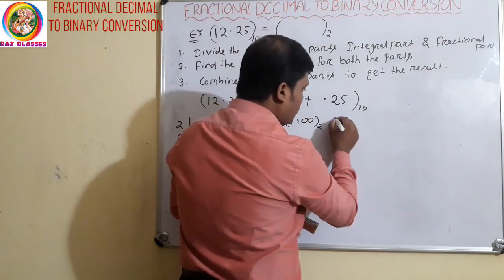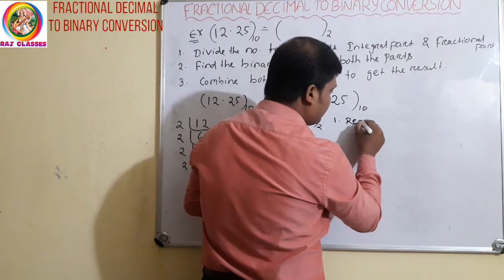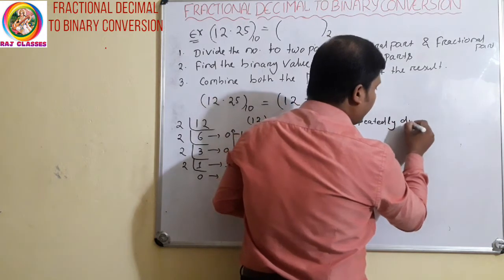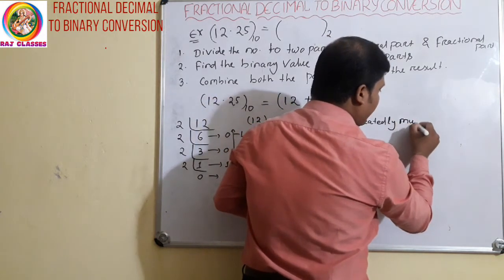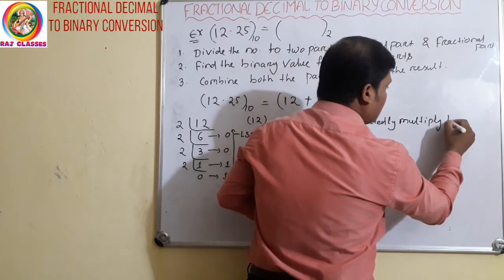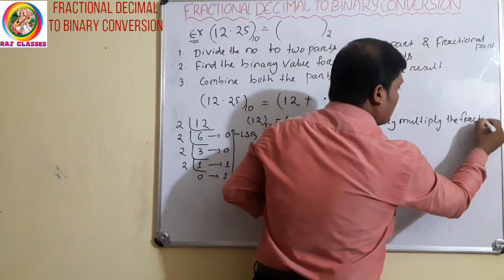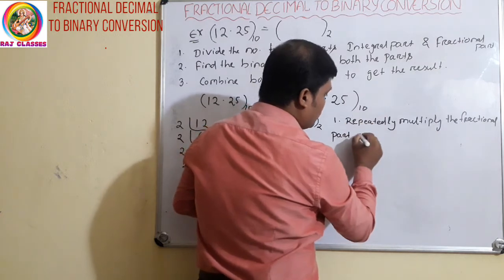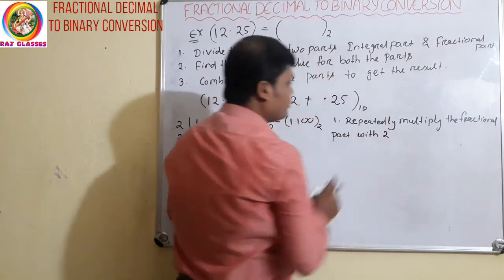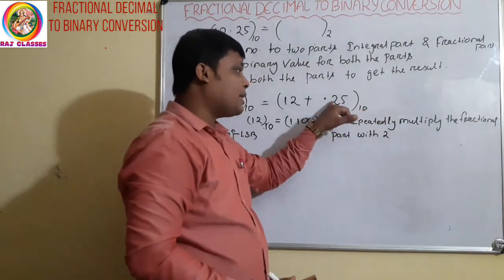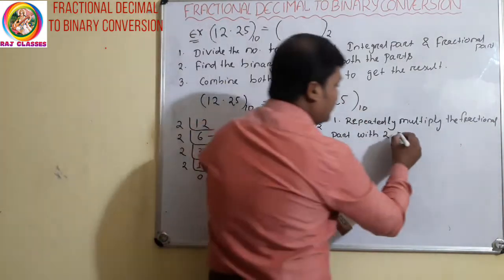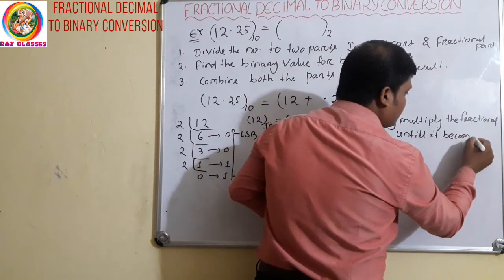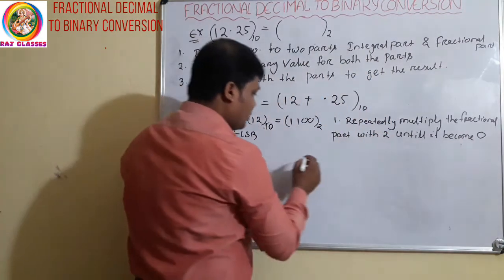First point: repeatedly multiply the fractional part with 2 until it becomes 0.